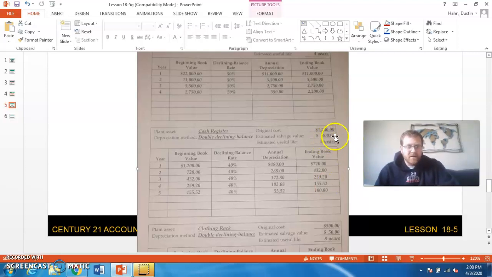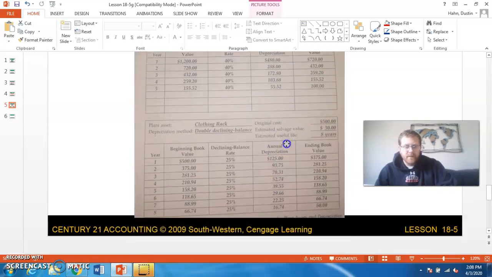That's below your salvage value, so you can stop at your salvage value. So your 155.52 minus your 100, and that's how much it's going to depreciate, is that 55.52 in year 5. So then your estimated salvage value is $100, and your ending book value is $100. So they match for that.